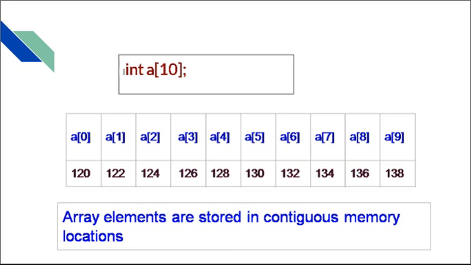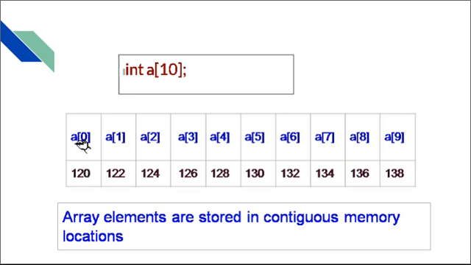Okay, so observe one thing here. Why the gap of 2 in between? Why the gap? What is the size of the int data type? 2 bytes.